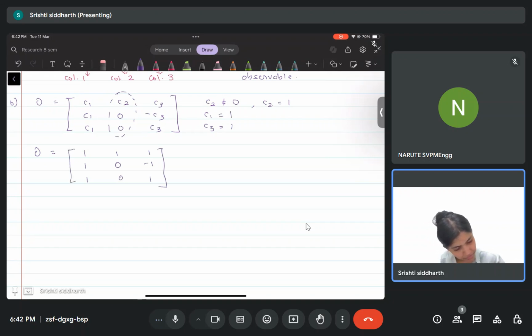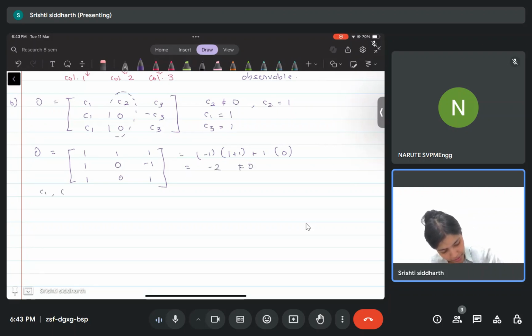So let's see, the determinant is 0, then we have minus 1 and plus 1, plus 1 and 0. So we have minus 2.